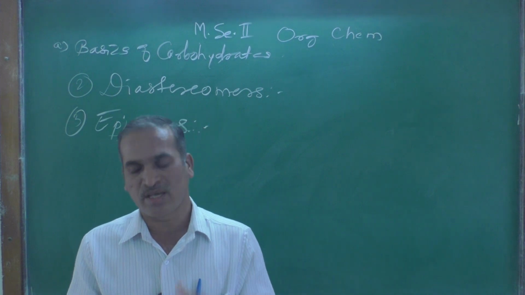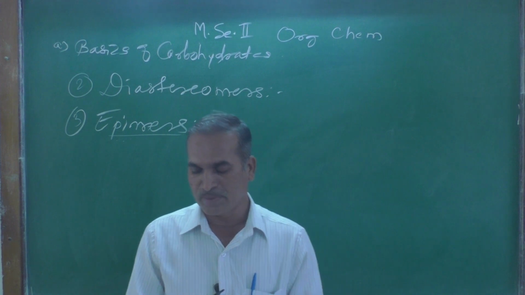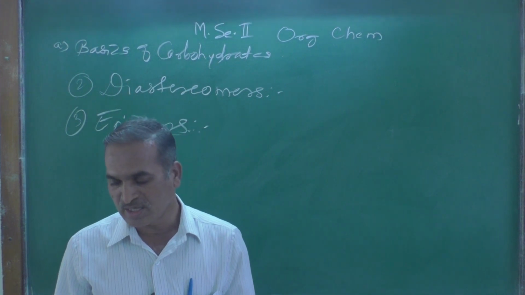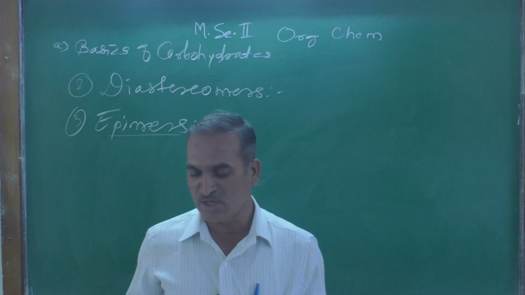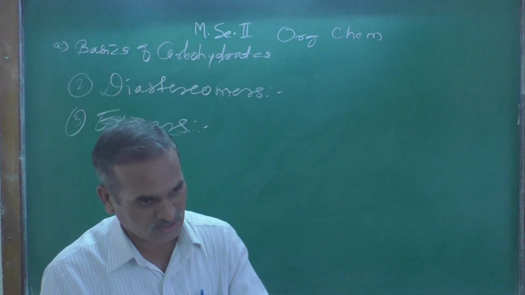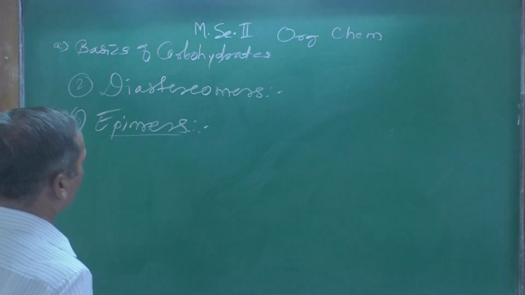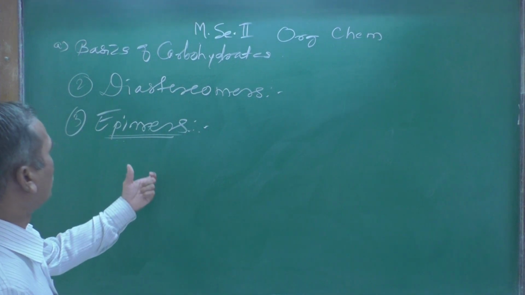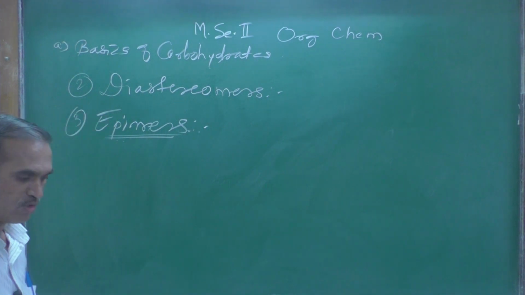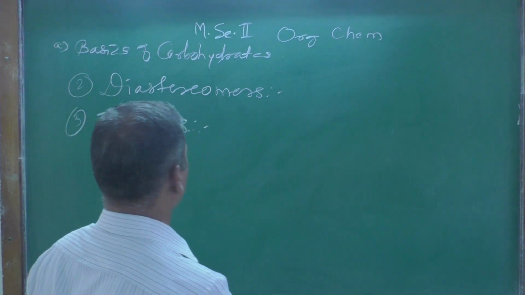For example, D plus glucose is an epimer of D plus mannose because they differ in configuration at C2. Let us write with the help of an example. You know the structure of D plus glucose, right?